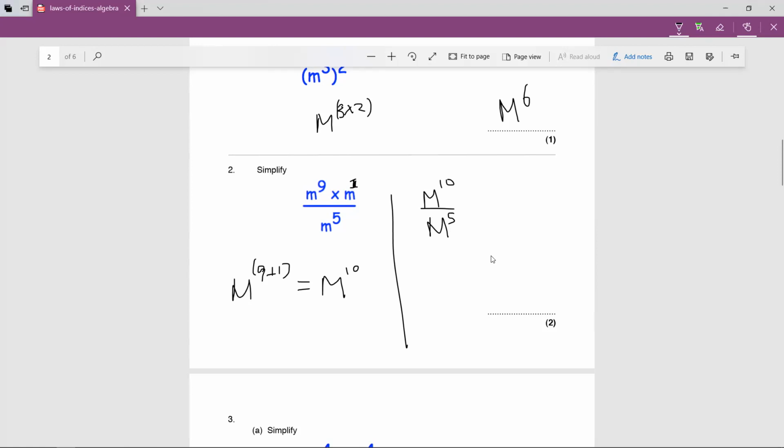Now, we realize that m power 10 has been divided by m power 5. Basically, these maths can be rewritten in this manner, which makes it even much easier to apply the second law of indices. That means we'll be having m, and for division, we subtract the powers. We end up with m power 5 as our answer.